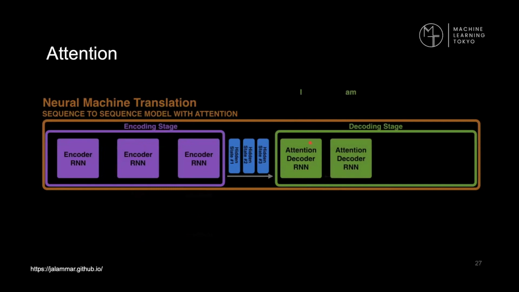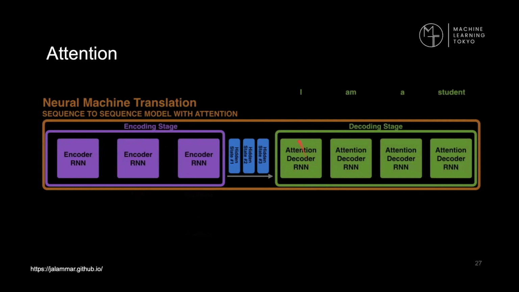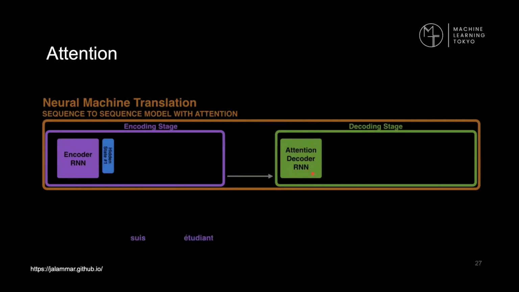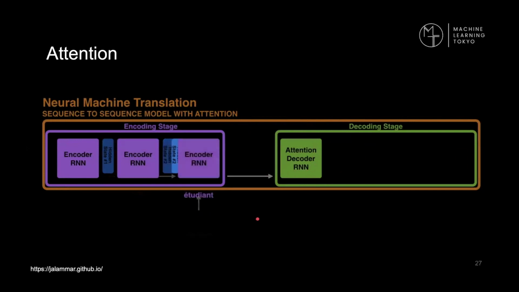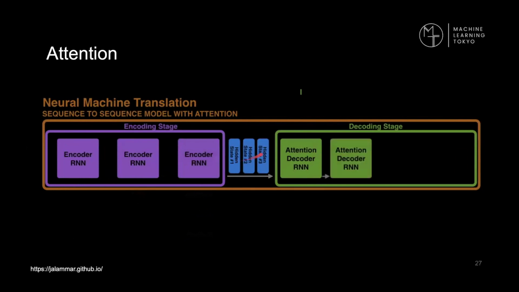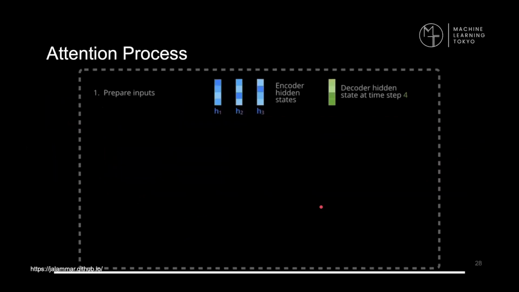It's called the attention decoder RNN, and we'll look into a lot more detail of what an attention decoder RNN is. So this is like a normal RNN, but the extra thing it has to take in is not just one hidden state, it has to take in all the hidden states which were produced by the encoder. So let's dive deep into this one.